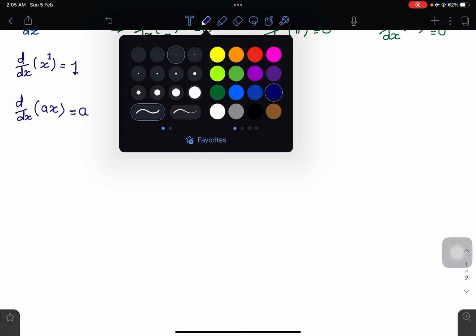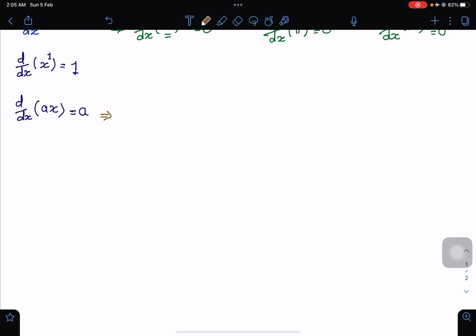Example, if I asked you to find d over dx for -x, d over dx for half x, and d over dx for root 2x.